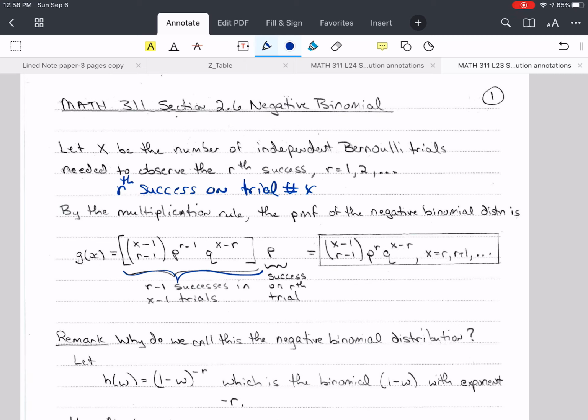And so for those x minus 1 trials, we have r minus 1 successes, and the probability of success is p. And then we'd have x minus r failures, so q to the x minus r. So that handles the first x minus 1 trials. And then on trial x, we have a success, and that brings us to r total successes.